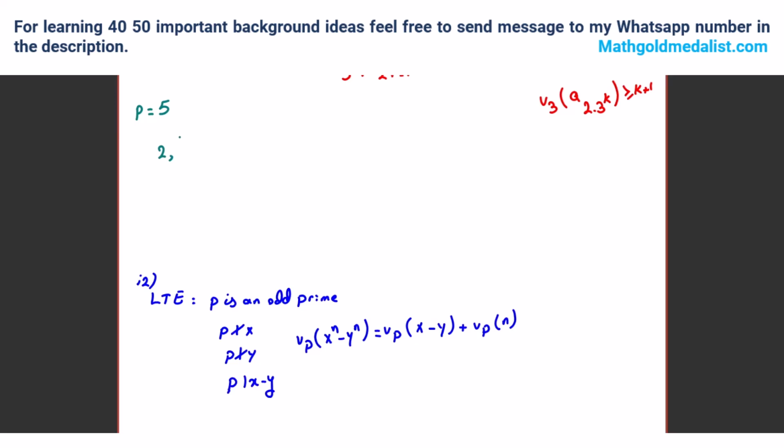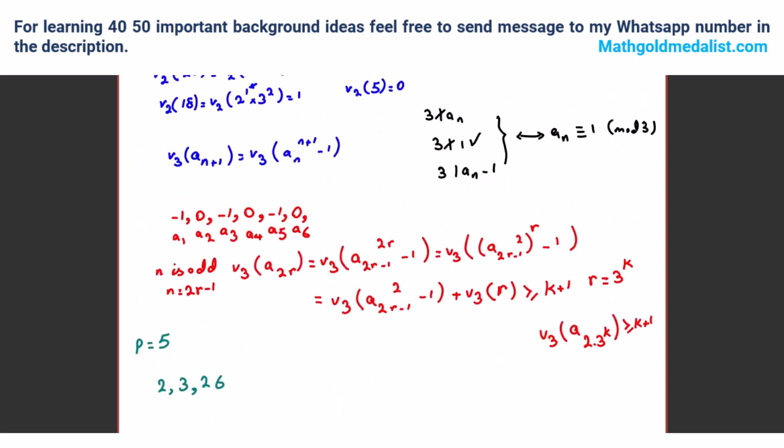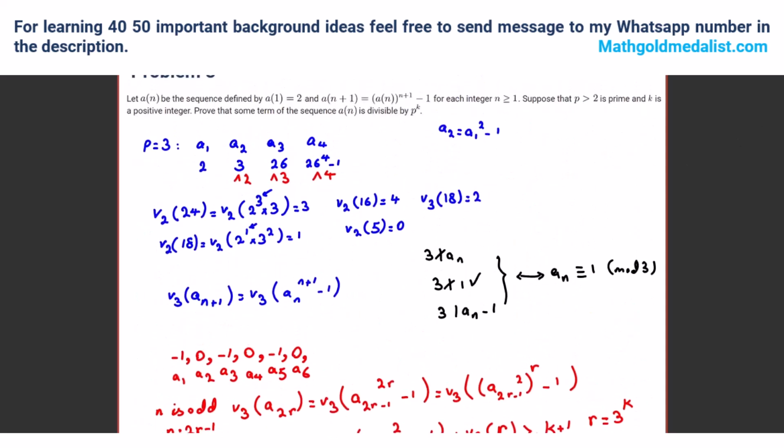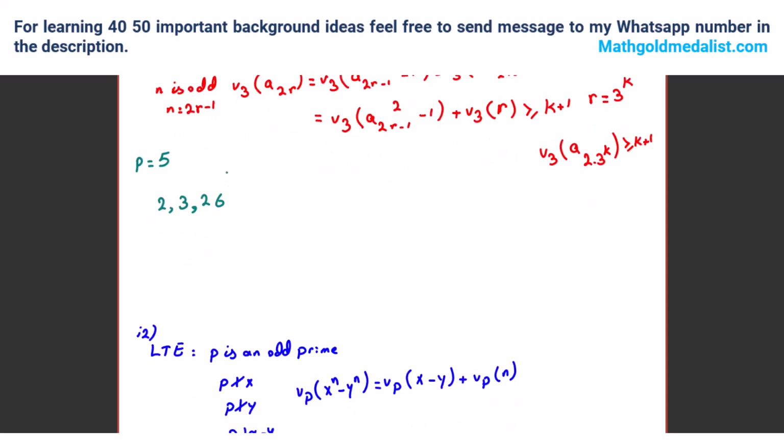Okay, so for 5, the first one is 2, the next one is 2 squared minus 1, which is 3. The next one is 3 cubed minus 1, which is 26, like this. And if we consider these numbers mod 5, we can write 2, 3, 26 is 1. It is a1, a2, a3.